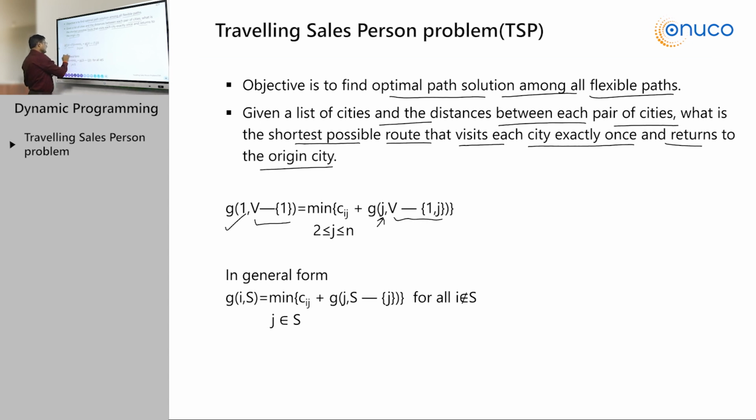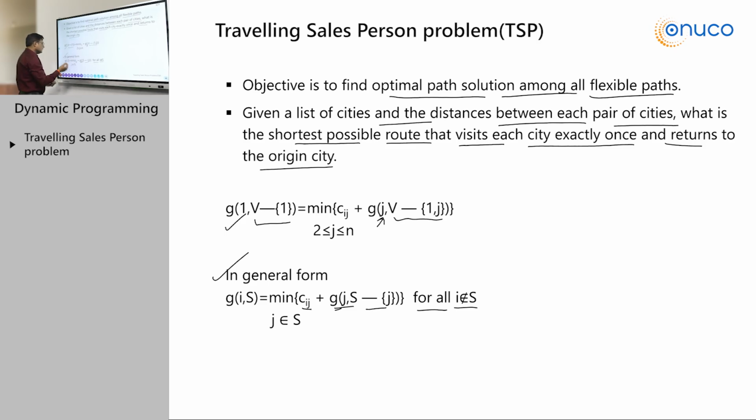When you generalize this, we have G of i, S is equal to min of C of ij plus G of j, S minus j, for all j belongs to S, i not belongs to S.